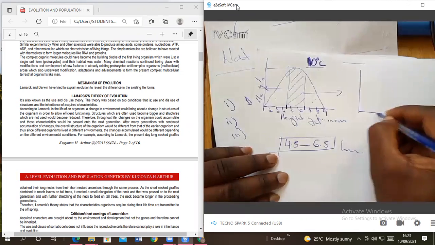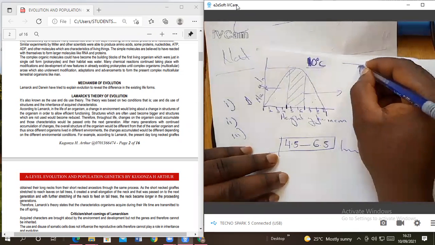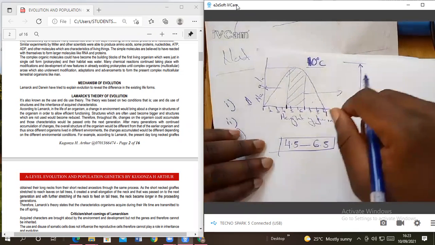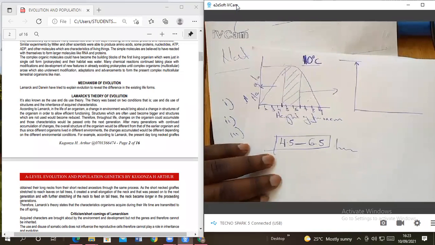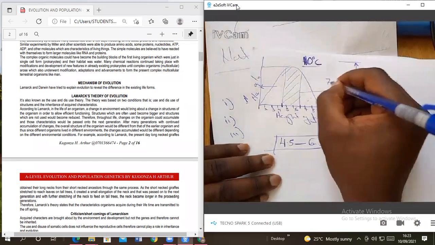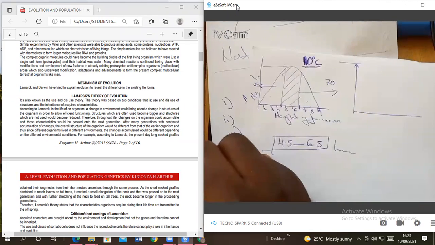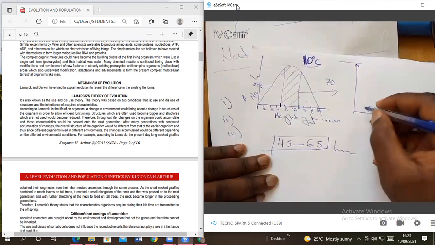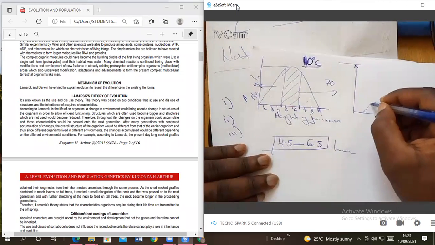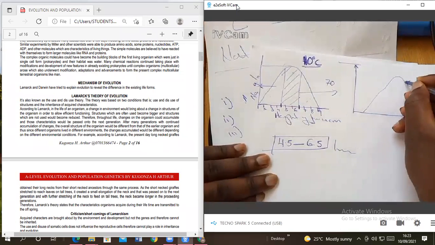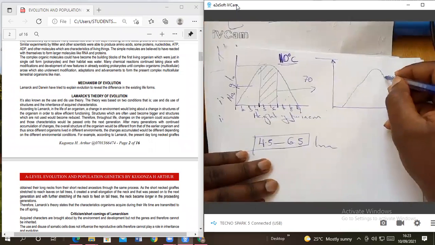Our graph now, after some years, because this is evolution taking place, after like 70 years of temperatures being 10 degrees Celsius, you will find that you have a graph which has shifted like this. Are you seeing what I've drawn?